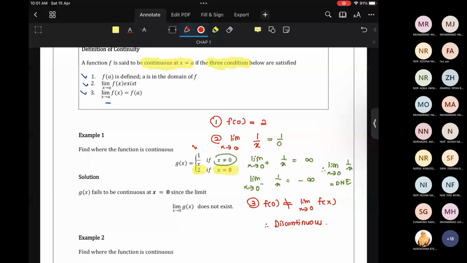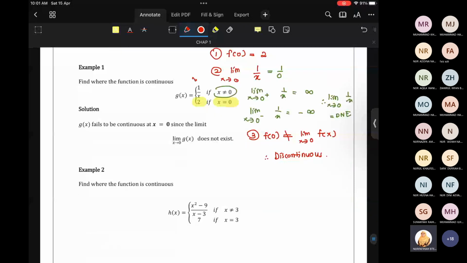Okay. So, is it clear for you? Saya tanya. Boleh? Okay, good. Okay, let's try for example number 2.